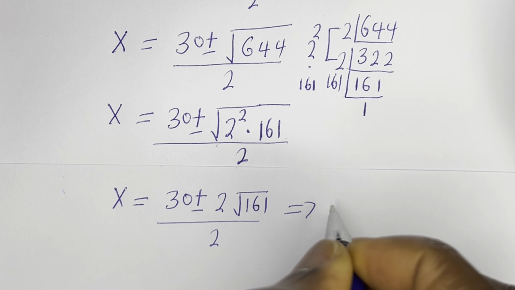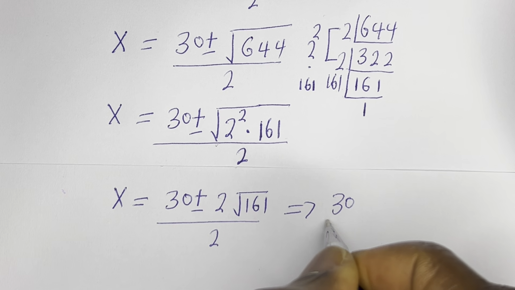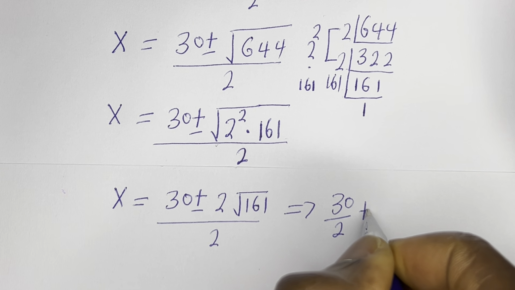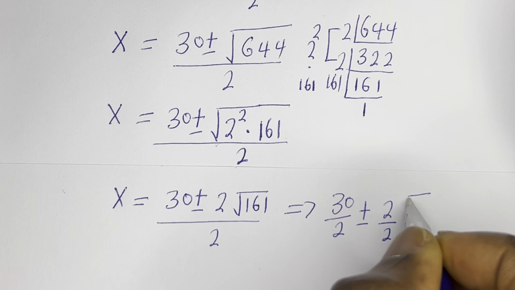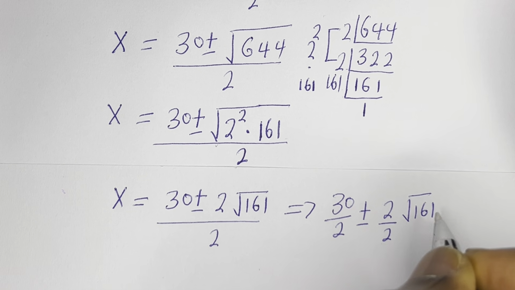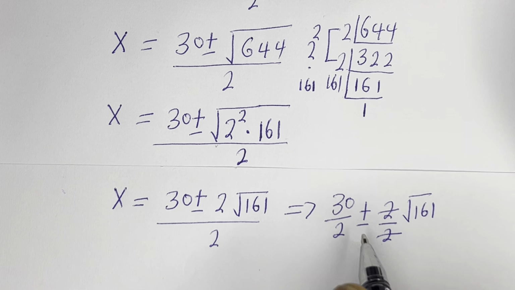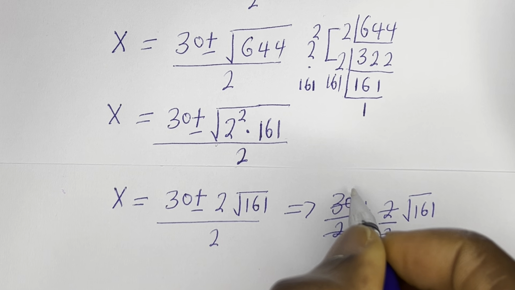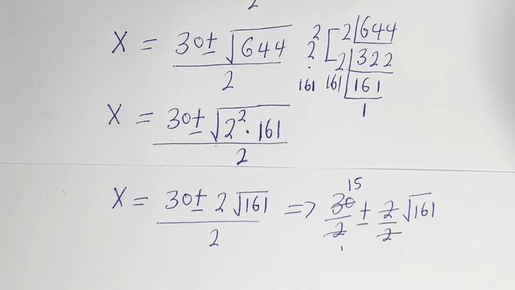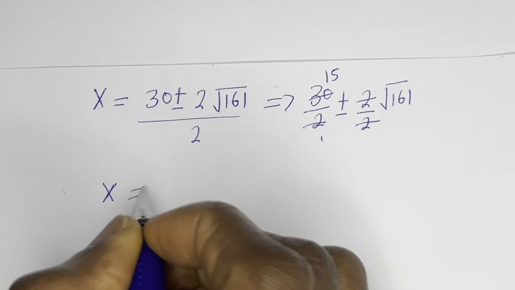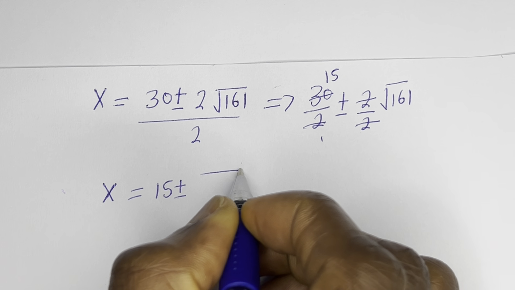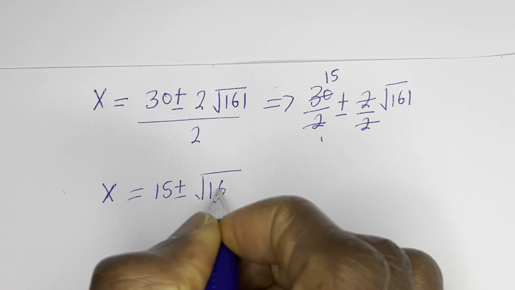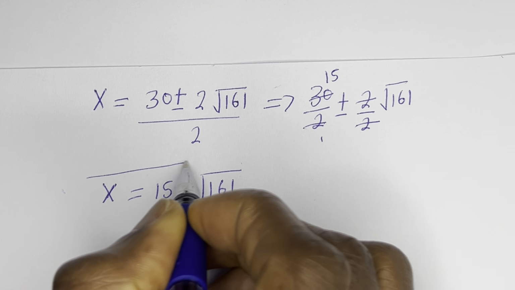Then we have 30 divided by 2 plus or minus 2 divided by 2 square root of 161. This will cancel this. 2 here, 1, 2 here, 1, and 30 over 2 is 15. x is equal to 15 plus or minus square root of 161. This is the value of x.